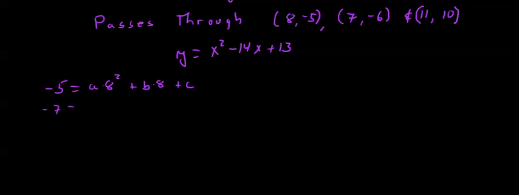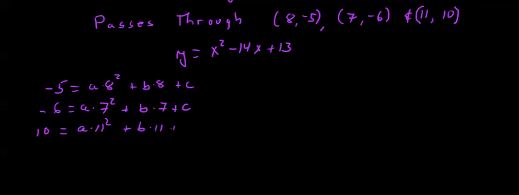Negative 7 equals a times 6, I'm sorry, negative 6 equals a times 7 squared plus b times 7 plus c, and 10 equals a times 11 squared plus b times 11 plus c.